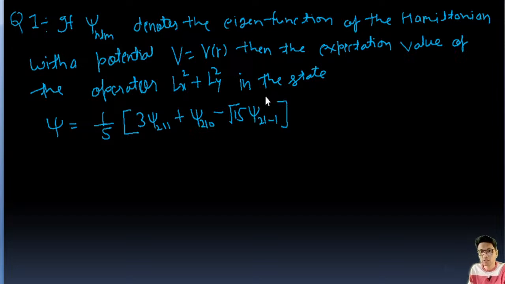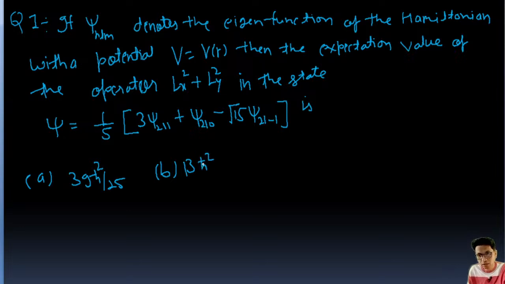Okay, and options are given. Option A is 39 h cut square upon 25. Option B is 13 h cut square upon 25.